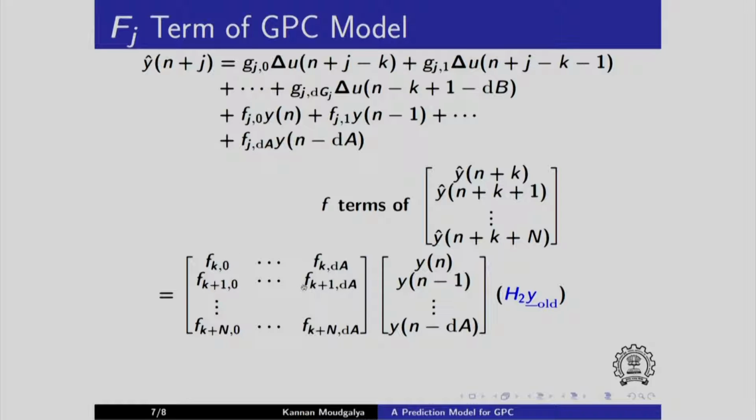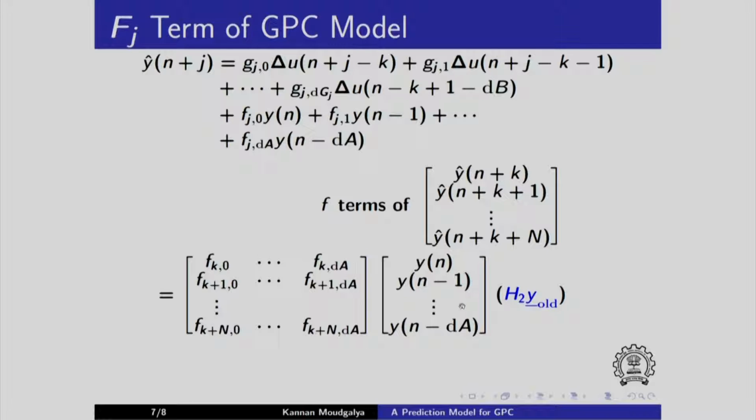Once again, you have to convince yourself that this expression is indeed correct. In the next video, I will be presenting an example, and I would suggest that you take that and check that you indeed get this prediction model. Okay. So here we get H2 Y underscore old, which denotes this whole thing.